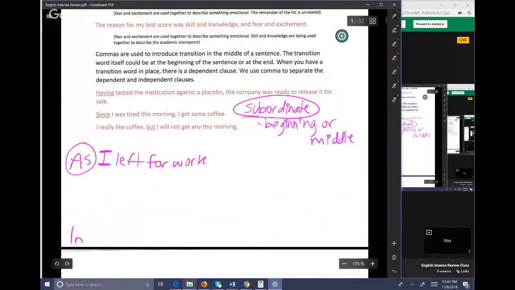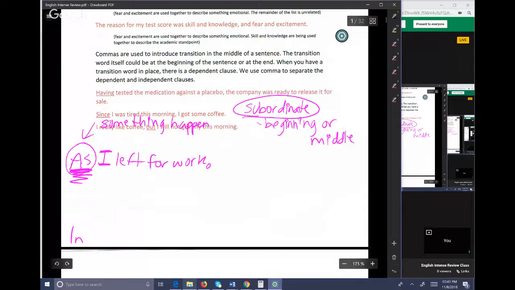So "as I left for work," clearly I can't stop and put my period here. And the reason that I can't stop and put my period here is the word "as" implies, and let's think about what it implies. So me saying "as I left for work" implies something else happened, something besides leaving for work.